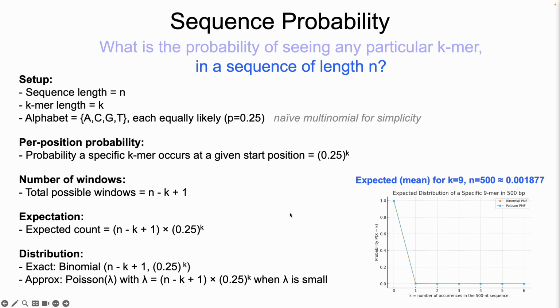I won't get into the logic of why you would sample from a binomial or a Poisson, other than to say a Poisson distribution for a very rare event is a better, faster approximation than doing the full binomial.